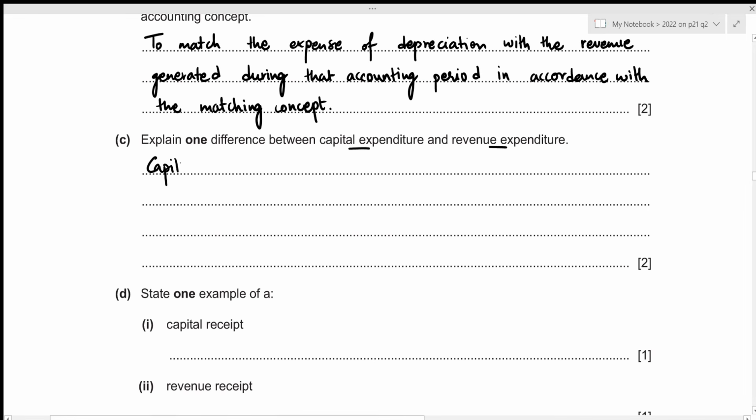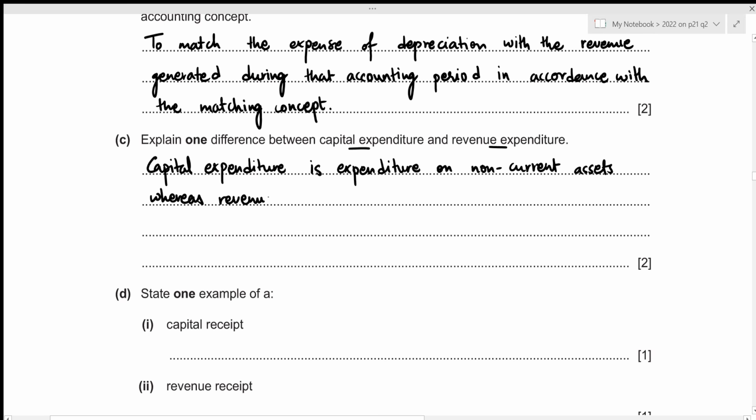Capital expenditure is expenditure on non-current assets, whereas revenue expenditure is the day-to-day running costs.